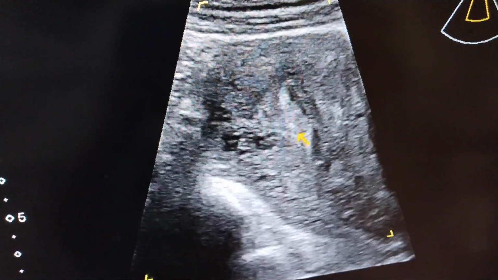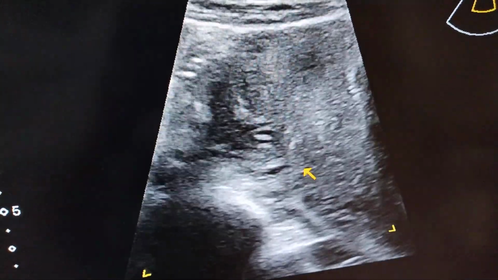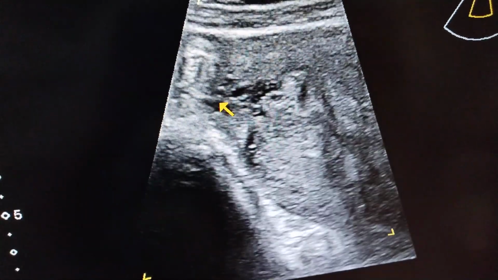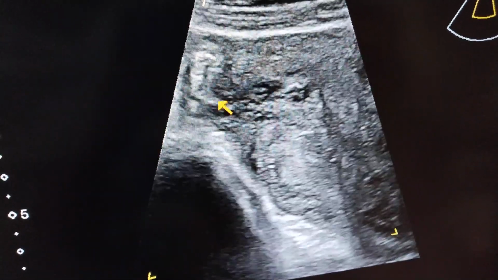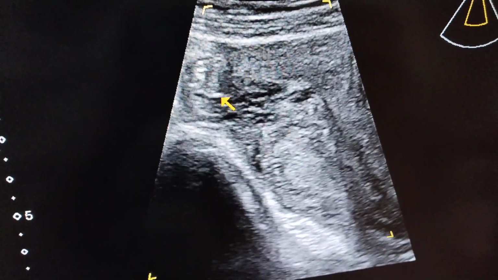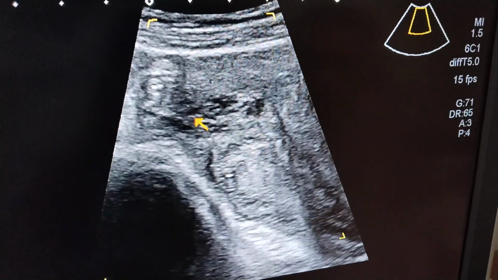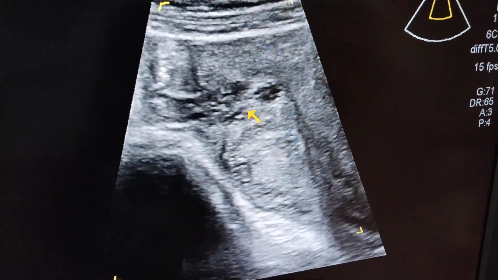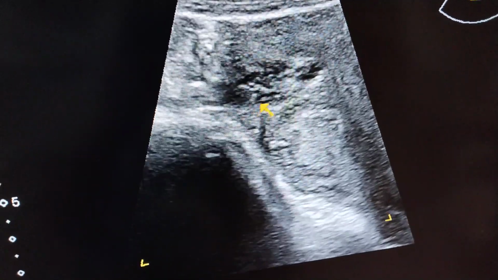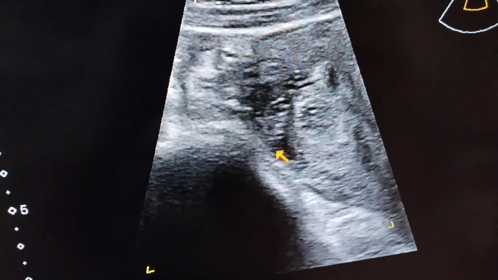So here we can appreciate this is the uterine cavity, endometrium, and look here, these are anechoic channels or spaces starting from the posterior myometrium at the level of fundal region, reaching toward the uterine cavity or endometrium, and entering into the uterine cavity.